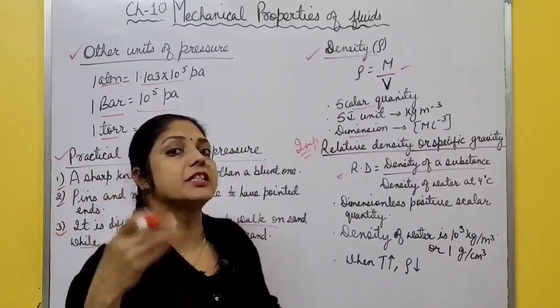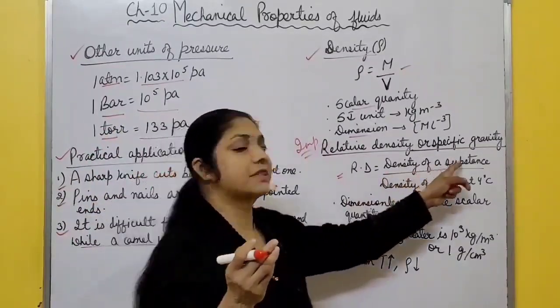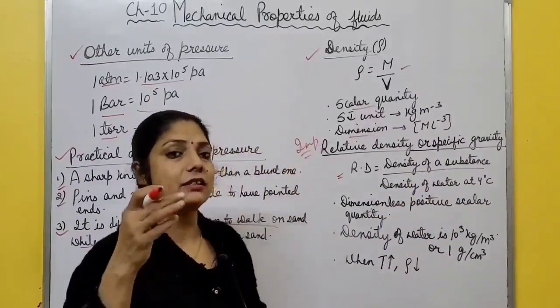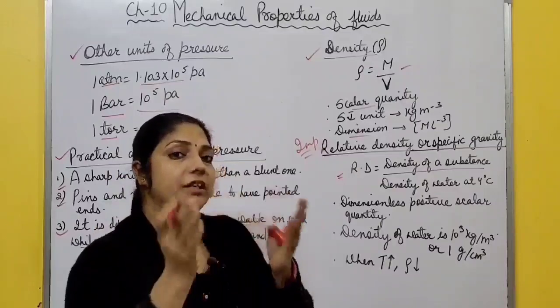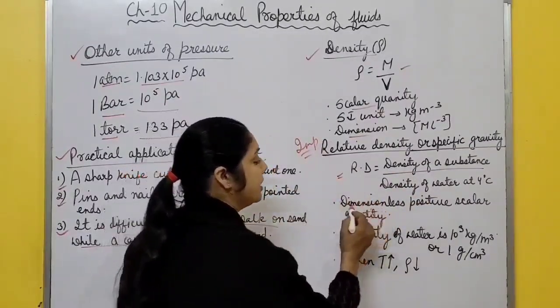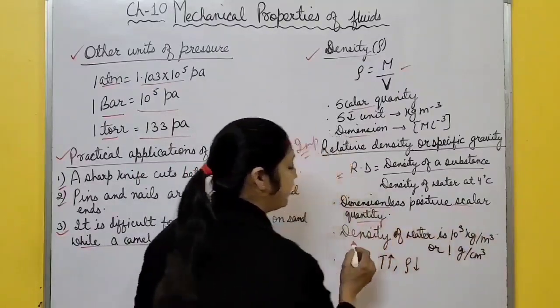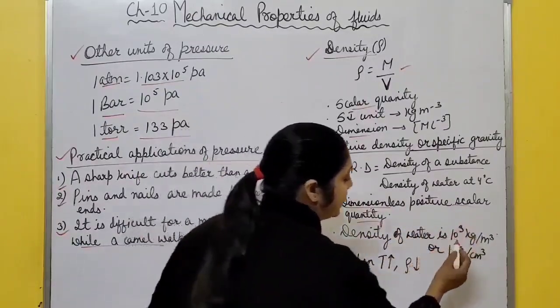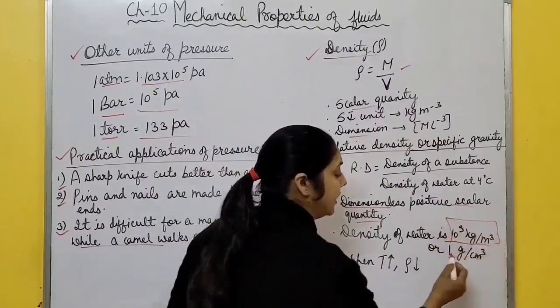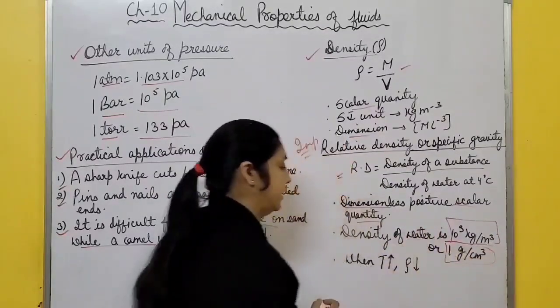If relative density is 2, it means the density of the substance is 2 times the density of water. It is a dimensionless positive scalar quantity, and the density of water at 4 degrees Celsius is 10^3 kg per meter cube, or 1 gram per centimeter cube.